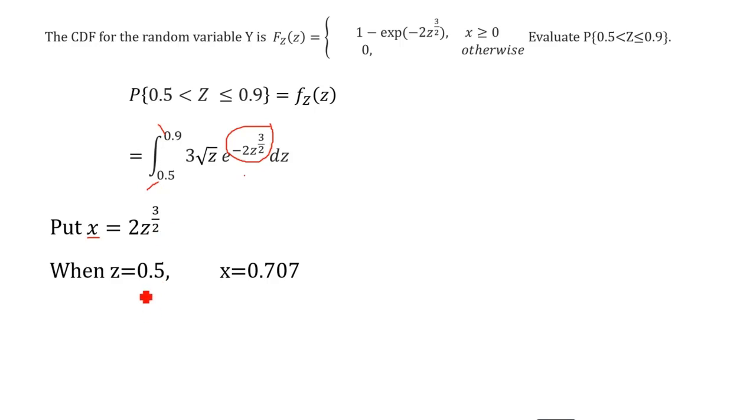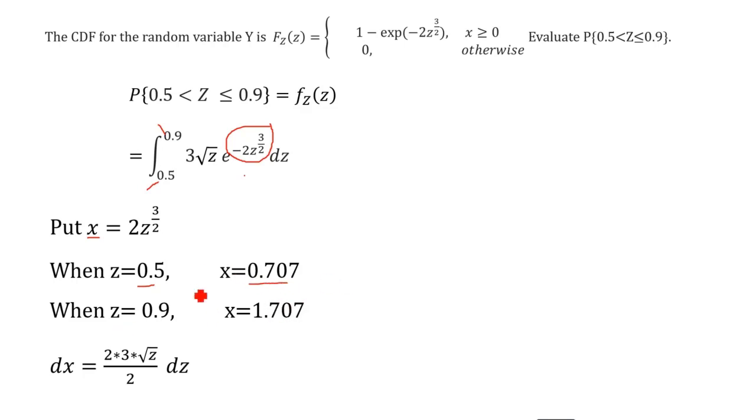When z equals 0.5, the respective x is 0.5 raised to 3 by 2 multiplied by 2, which gives 0.707. When z equals 0.9, the respective value of x is 1.707. Everyone should use a calculator and try to solve.